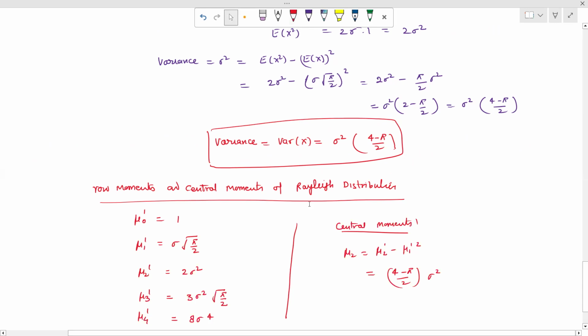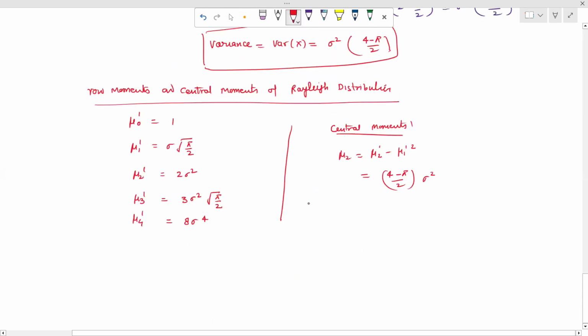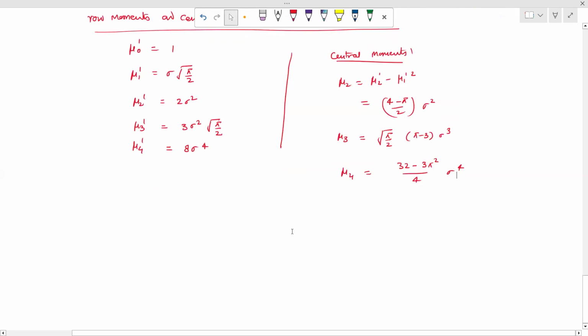Now when we calculate the third central moment, this gives us root pi by 2 into pi minus 3 into sigma q. And the fourth central moment mu 4 will be equal to 32 minus 3 pi square upon 4 into sigma raised to the power 4. So these are the first four raw moments and central moments.